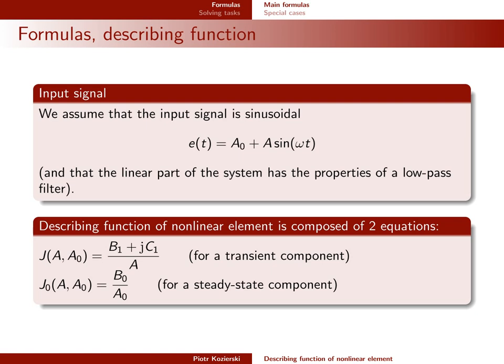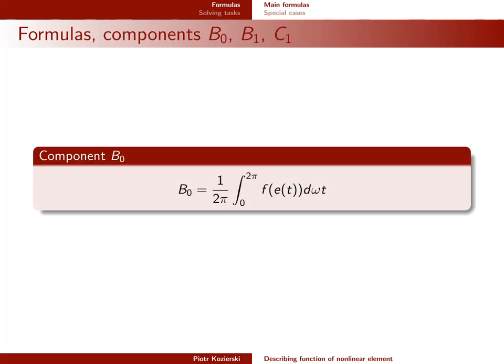The values a and a0 should be treated as known because they are parameters of the input signal. Therefore, only the components b0, b1 and c1 need to be calculated. The following slides will present formulas for the components b0, b1 and c1, but also their partial derivation will be shown.